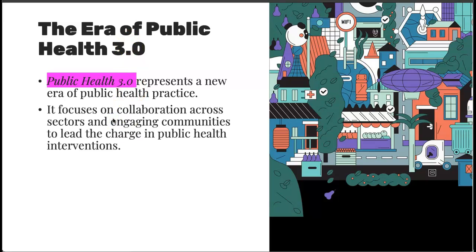So what it is, is this idea that we should focus on a collaboration process across sectors, so that when we're thinking about public health problems, we've talked about the social ecological model, right? We've gone through examples of what determines your eating behaviors, right?